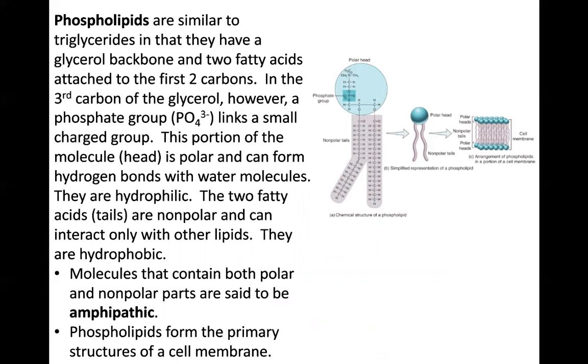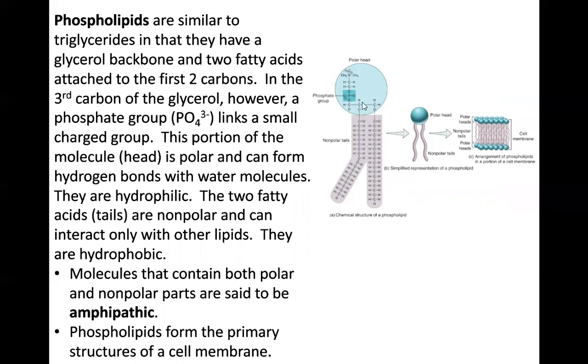Okay, our next type of fat, similar looking, you can see the picture on the right side of the page, to a triglyceride, but at the same time a little bit different. There are similar components that make up phospholipids. There's a glycerol backbone. I'll show where the glycerol is in the picture. This section right here, we can see the 3 carbons.